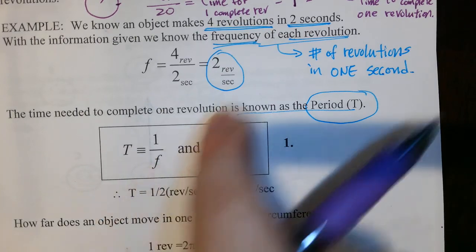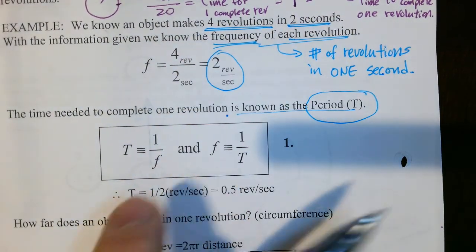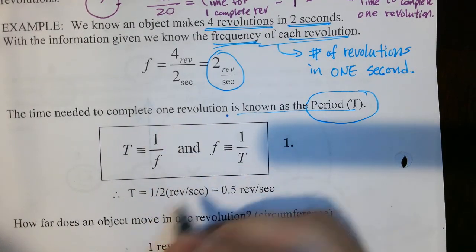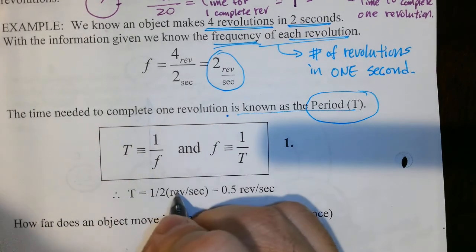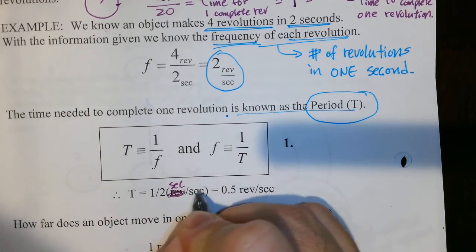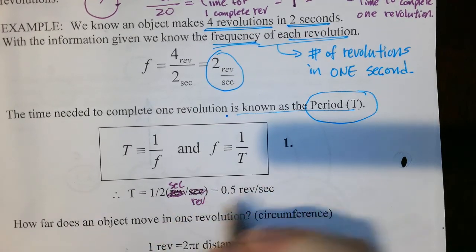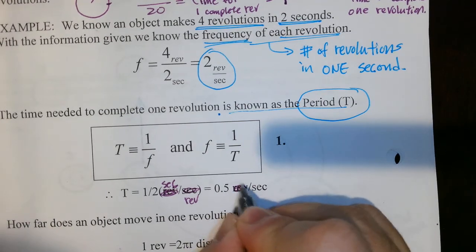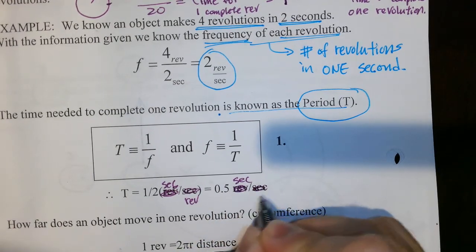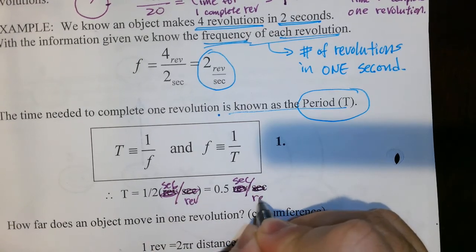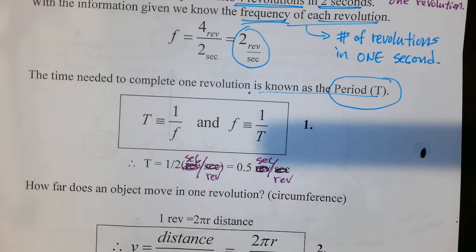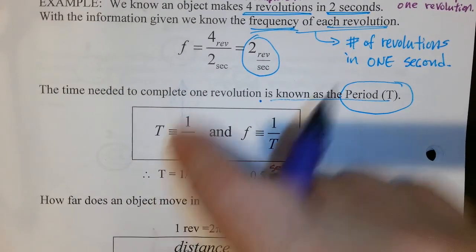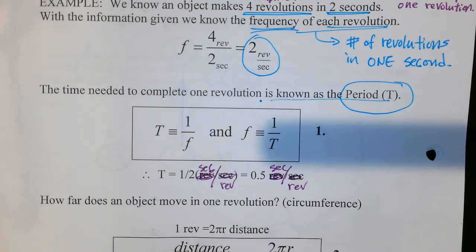So the period of this particular example happens to be, this is wrong, this is actually 1/2 seconds per revolution. So period and frequency have a reciprocal relationship.